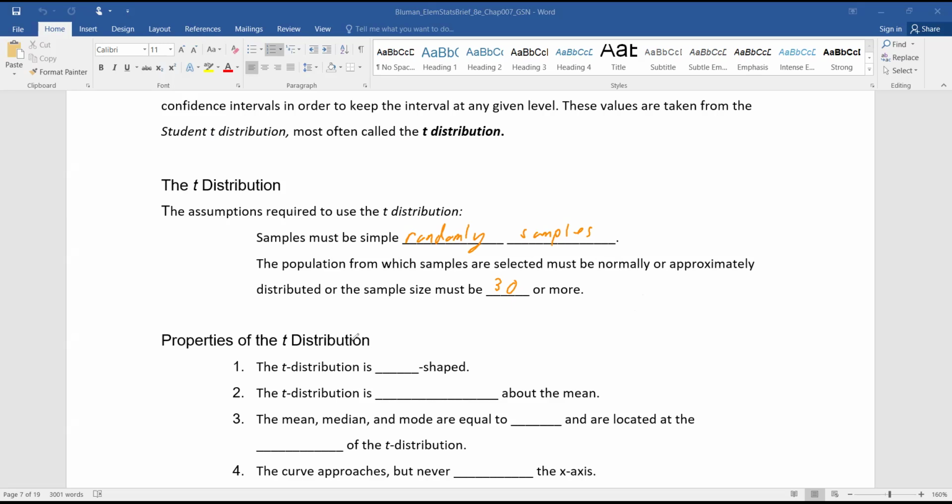Properties of the t distribution. The t distribution is bell-shaped. The t distribution is symmetric about the mean. The mean, median, and mode are all equal to 0 and are located at the center of the t distribution. The curve approaches but never touches the x-axis, very similar to what we've already seen with normally distributed data.